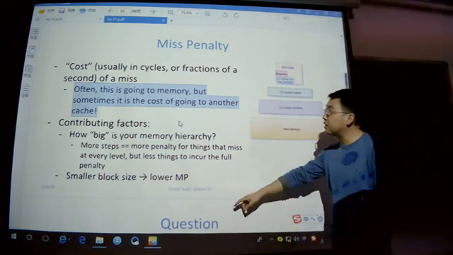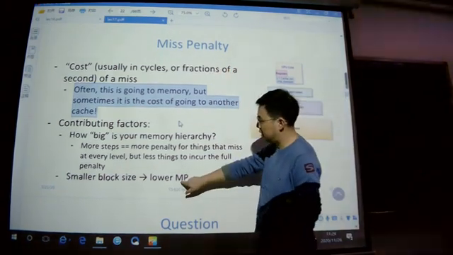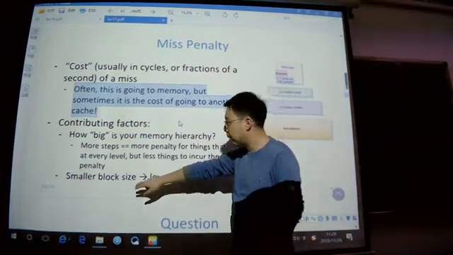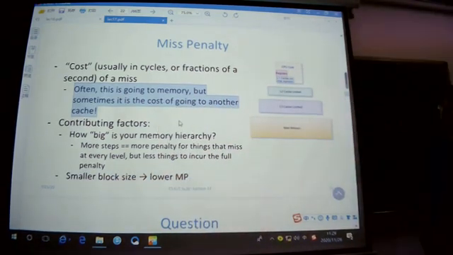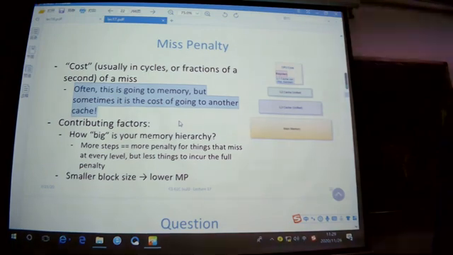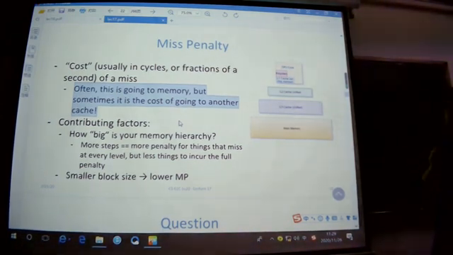So you can find MP. This is miss penalty. A smaller block size can give a lower MP. So we can decrease the block size.